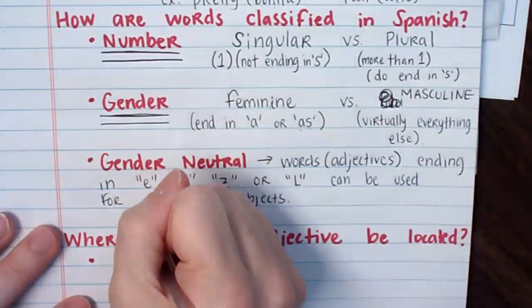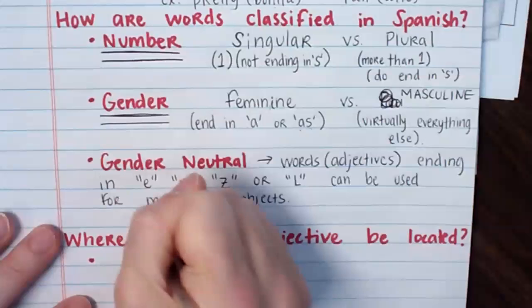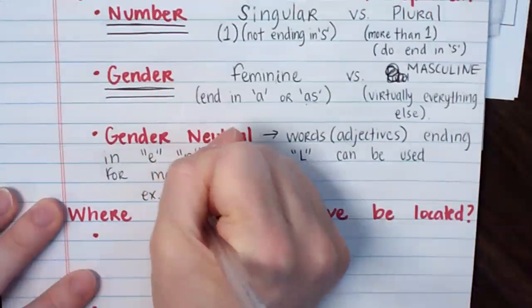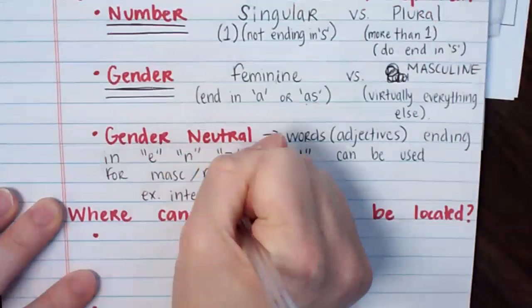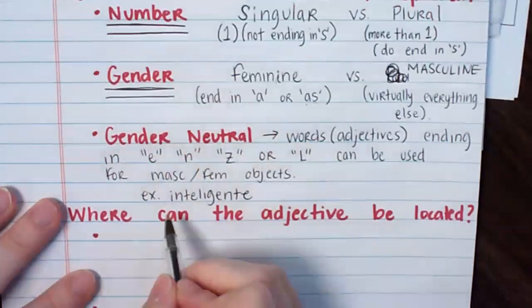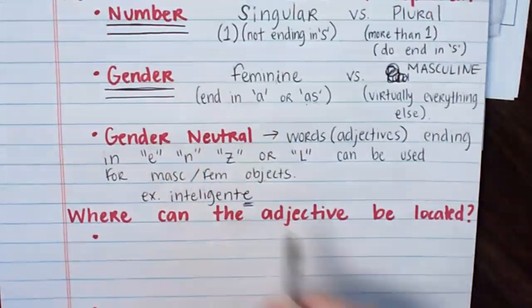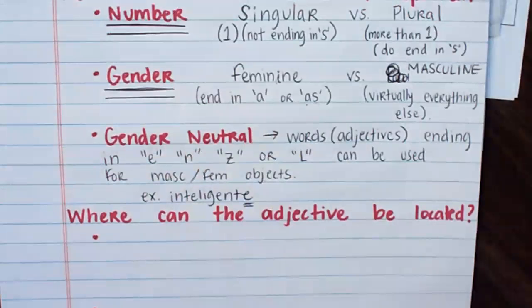So an example of this could be the word intelligent. So intelligent or smart in Spanish ends with an E. So inteligente.